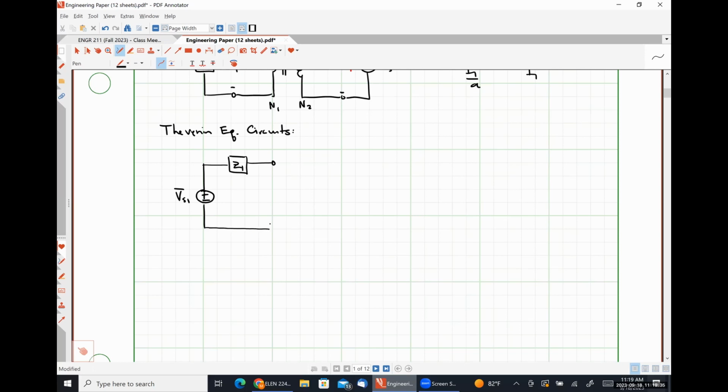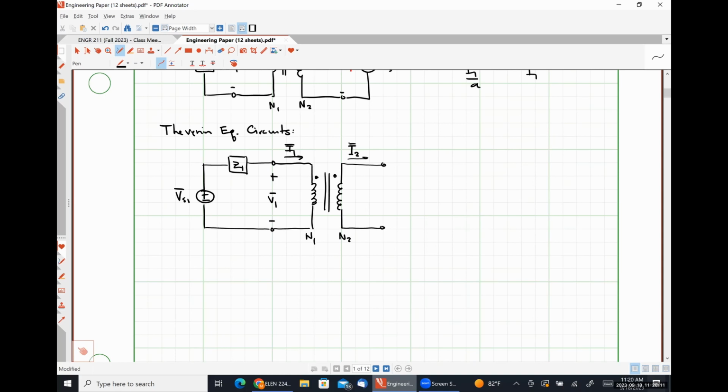And then we're going to connect our ideal transformer. This is going to be our voltage V1. This is going to be our current I1. There's my dot. N1 turns, N2 turns. Here is going to be my current I2.